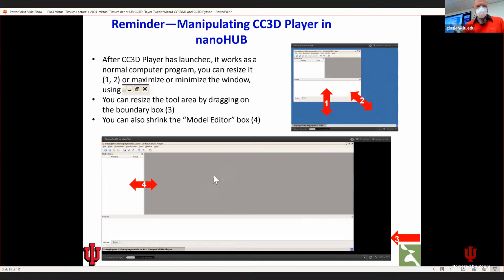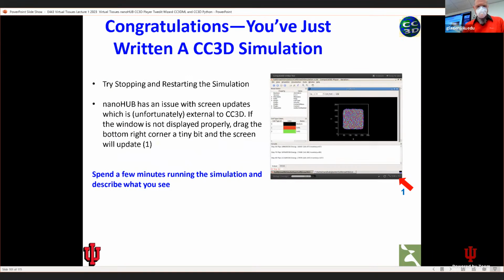So you've written the CC3D simulation. Yes, go ahead. So in other words, it just showed one cell type here, and you created two cell types.